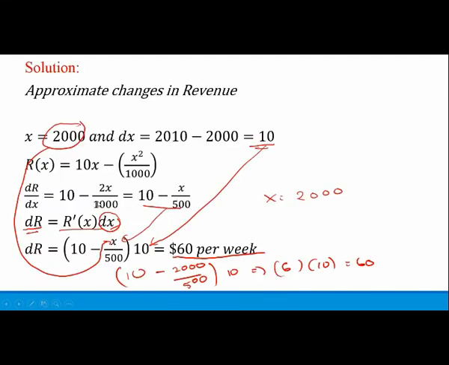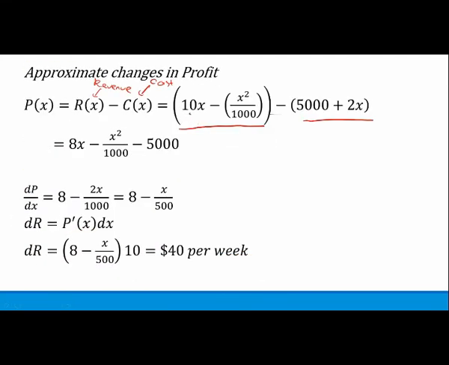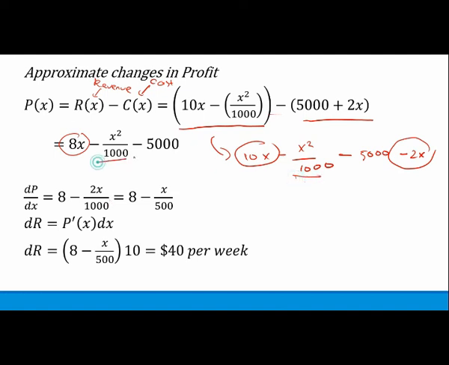Then I put this in: 10x minus x squared over 1000, minus 5000 minus 2x. Negative times positive is negative. So you can see that 2x and 10x become 8x, and then x squared I copy again, minus x squared over 1000, minus 5000.